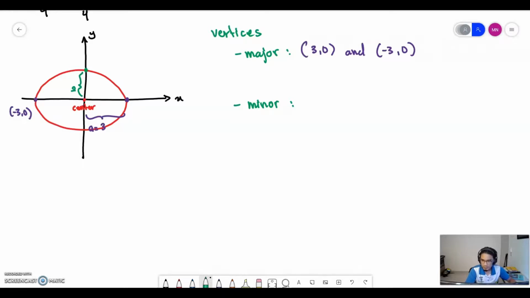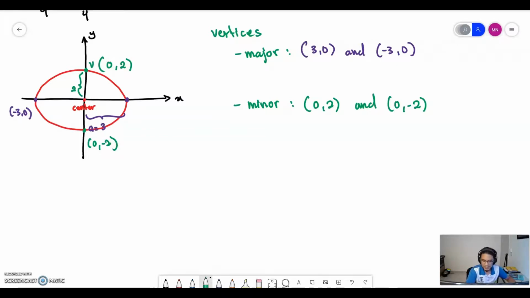So the position of the vertex here will be 0, positive 2, and down here will be 0, negative 2. So here are the 4 positions for the major and minor vertices.